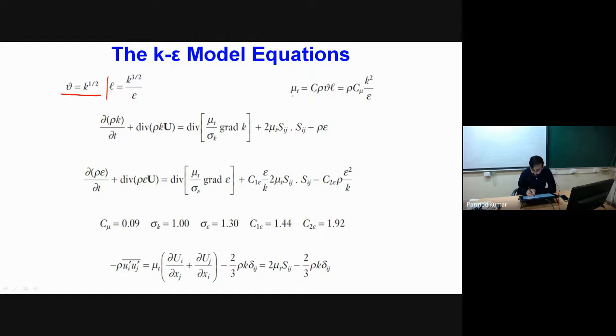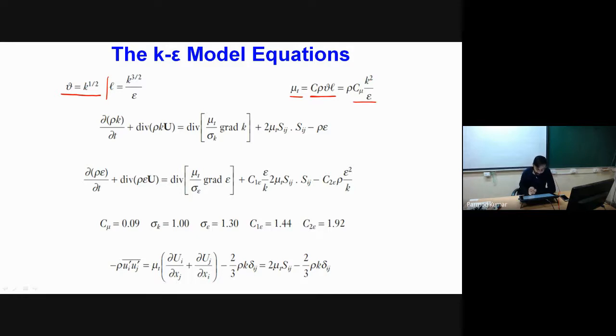Now for the turbulent viscosity, the eddy viscosity, I have already written one formulation, which is C times rho V into L. If I replace the velocity and length scales in terms of K and epsilon, I find rho times some coefficient C mu multiplied with K square by epsilon.